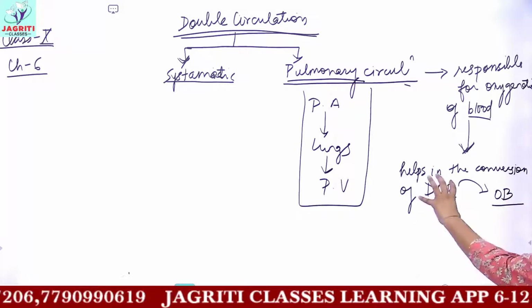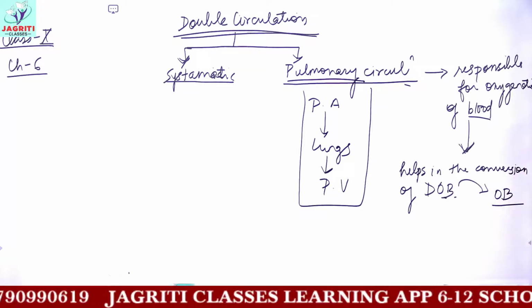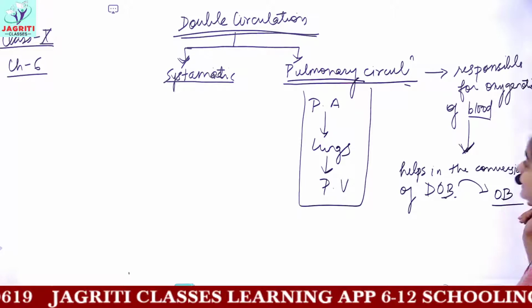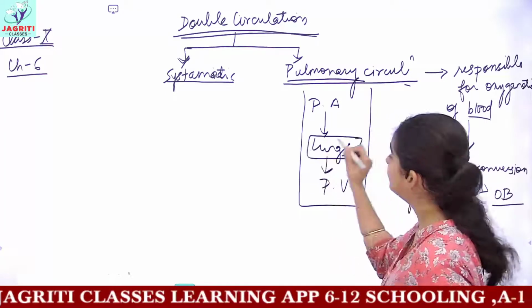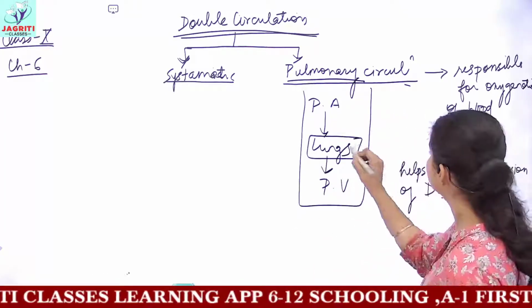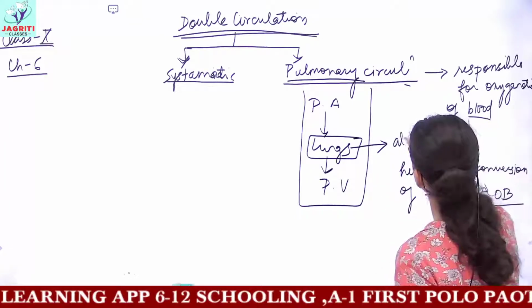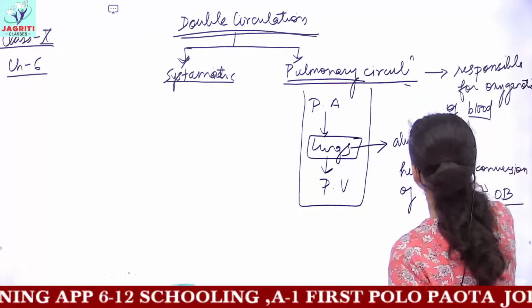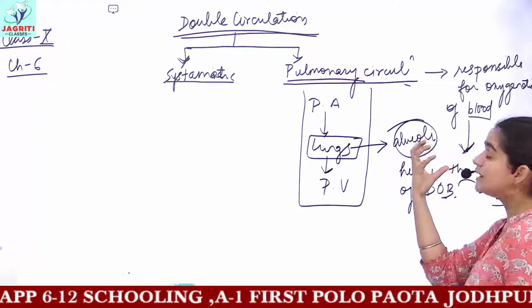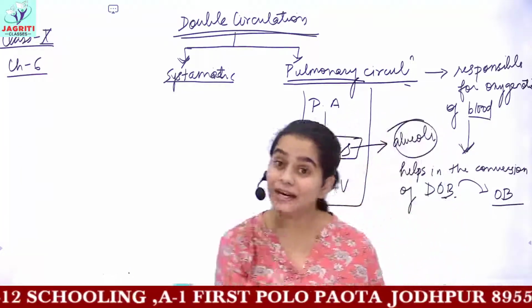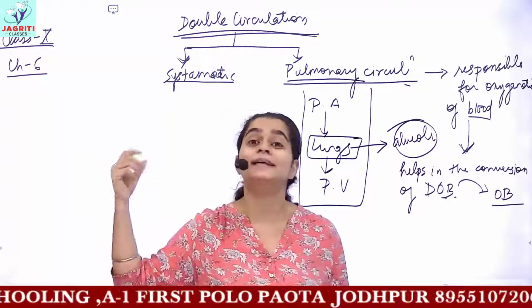When the deoxygenated blood is converted to oxygenated blood, this process occurs in the lungs, and you can also write a specialized location. In the lungs you have your structural units, that is alveoli, and we have also discussed these alveoli in great detail when we were dealing with respiration.